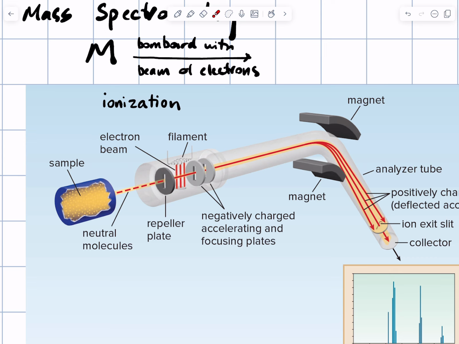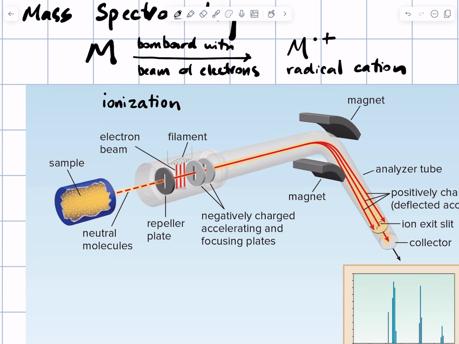And the electrons that hit the molecule will actually eject an electron from the molecule, sort of by electron-electron repulsion. So this process generates a version of your molecule that has one fewer electron than it used to have. And we call that molecule the radical cation.